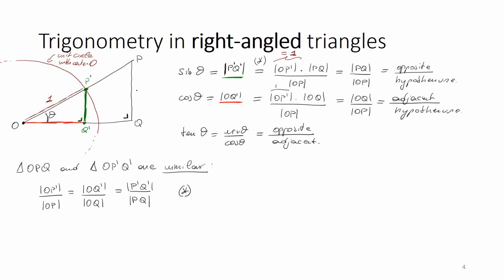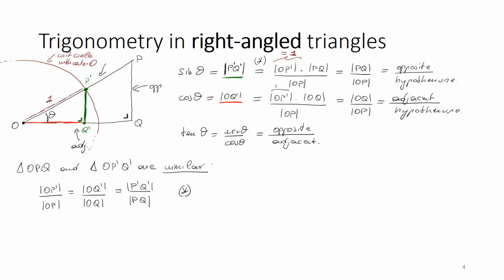And let me just, for the sake of posterity, write down what all the sides are. This here is the opposite side. This side is the adjacent, and this, the longest one, that's the hypotenuse.